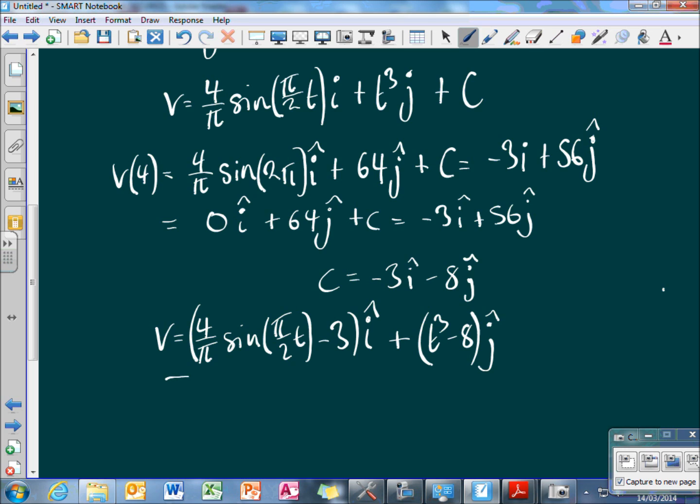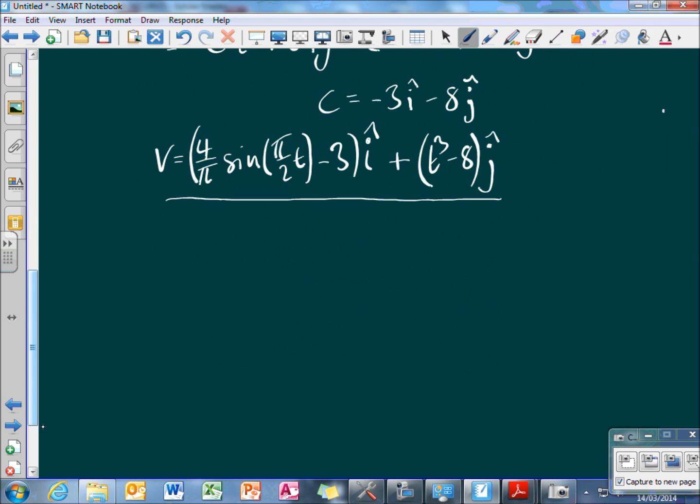So that's the velocity. And now for the next part, we want to know when it's going due west. So when it's going due west, the i component needs to be negative and the j component needs to be 0.